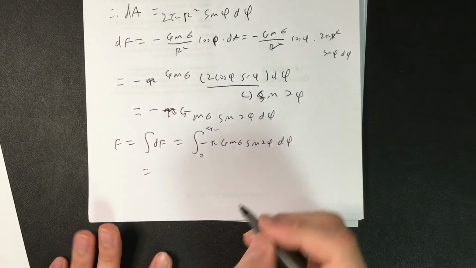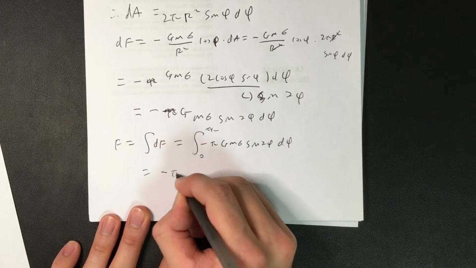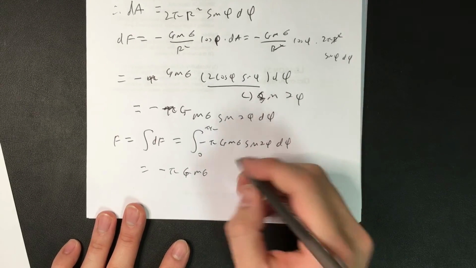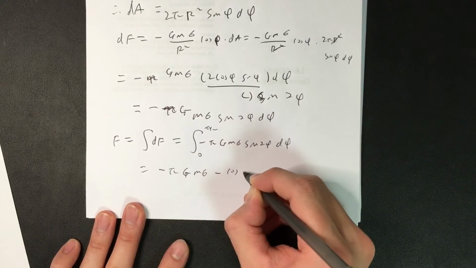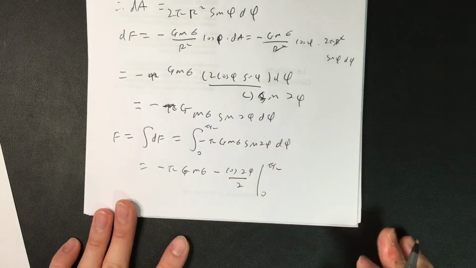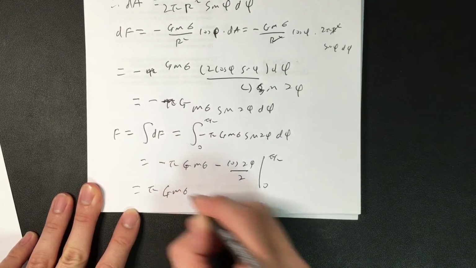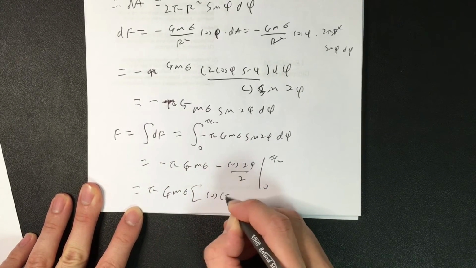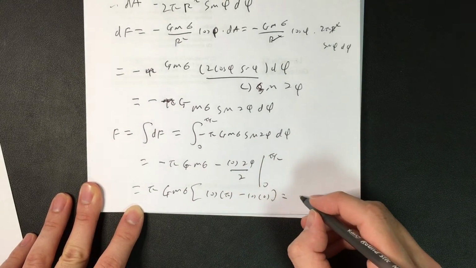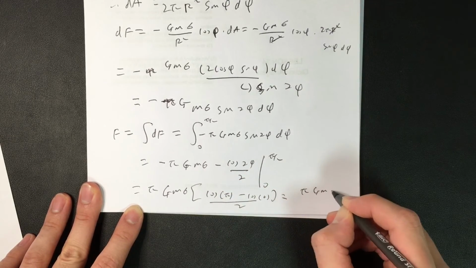Now solving this integral, since this is a constant, I'm going to bring it out, which is going to be minus pi GM sigma. And the integral of sine 2 phi is going to be negative cosine 2 phi divided by 2, from 0 to pi over 2, which would be pi GM sigma times cosine of pi minus cosine of 0, divided by 2, which is going to be pi GM sigma.